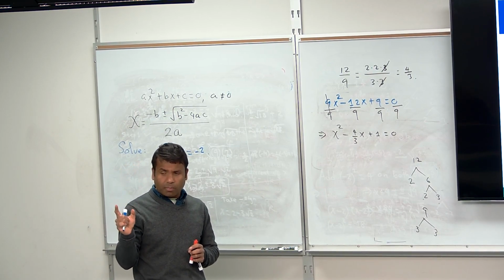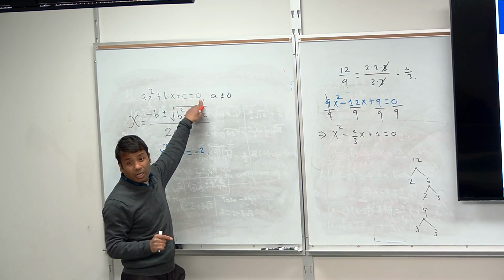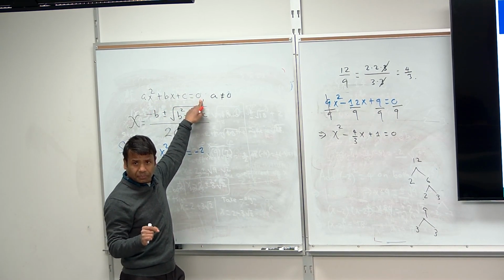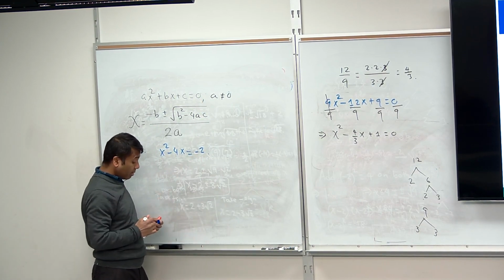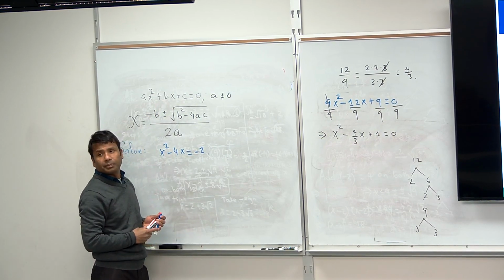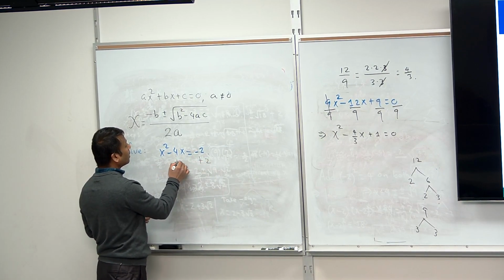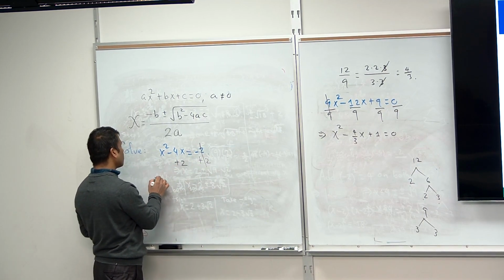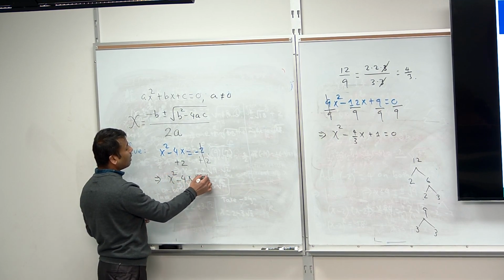You know the standard form is this: ax squared plus bx plus c equal to 0. You need to have a 0 on the right side. But what do you have here? Negative 2. So how do you rewrite this into this form? You add 2. So if we add 2 here, you cross them out, so that would be x squared minus 4x plus 2 equal to 0.